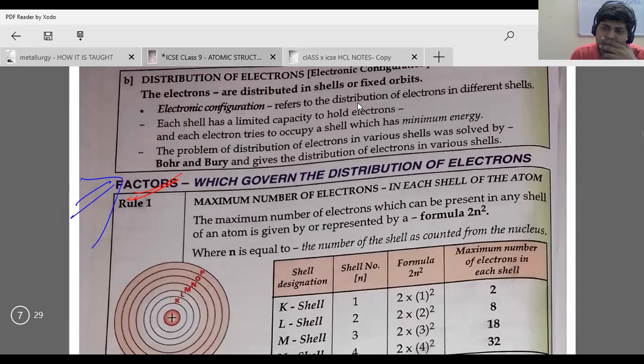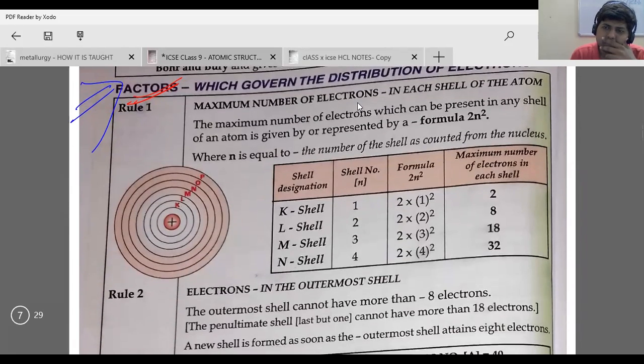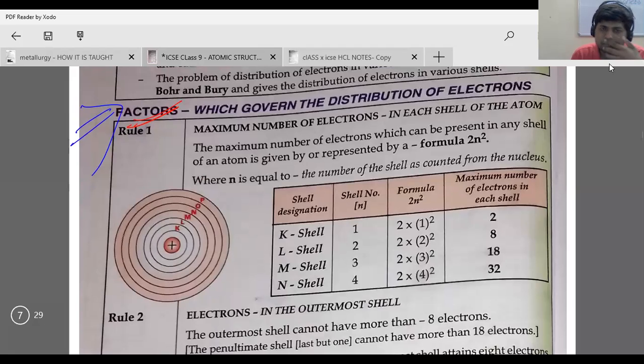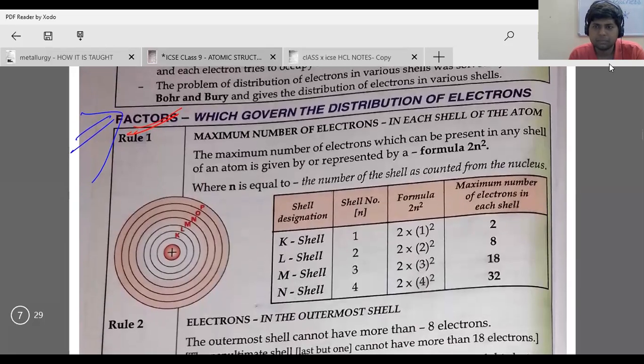Maximum number of electrons in each shell of the atom. The maximum number of electrons which can be present in any shell of an atom is given by a formula 2n squared, where n is equal to the number of the shell counted from the nucleus.